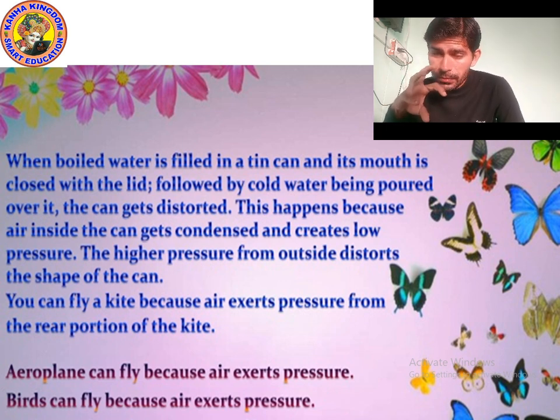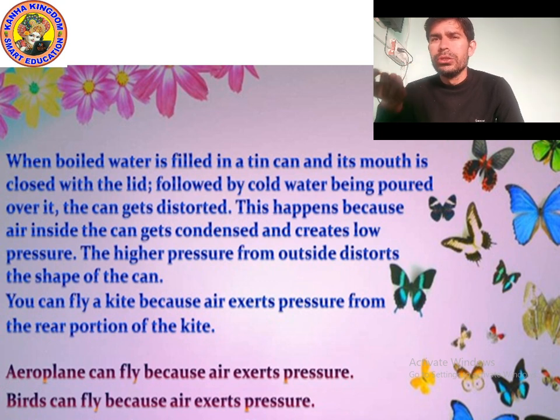Why is low pressure created? Because when the air becomes warm, it rises up, then the pressure becomes low. But the outside air is cold, so the air pressure is high, and the high pressure from outside distorts the shape of the can.